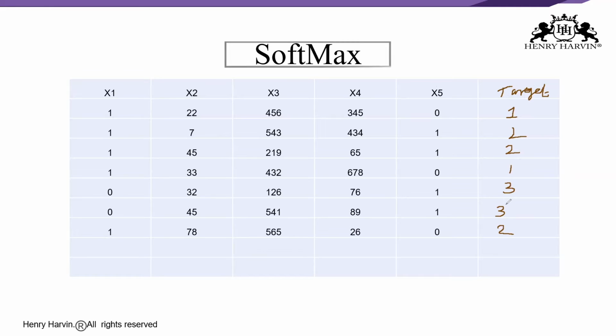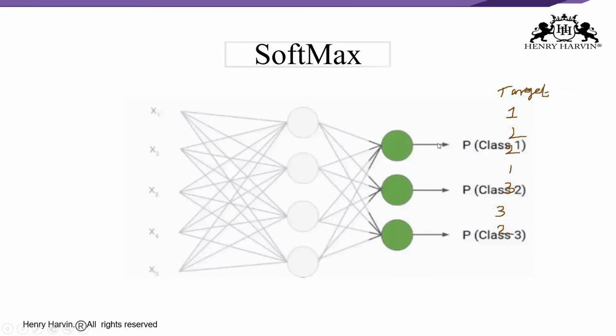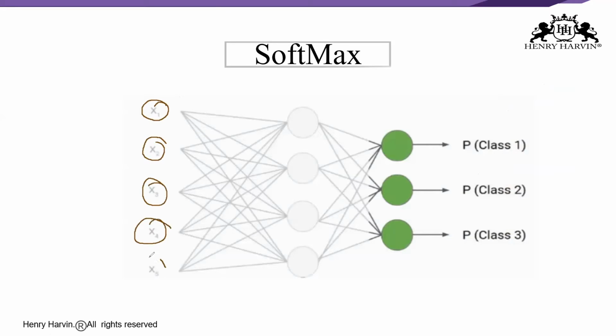If we make a simple neural network for this problem, this is how it will look. You can see that here we have an input layer x1, x2, x3, x4, x5.